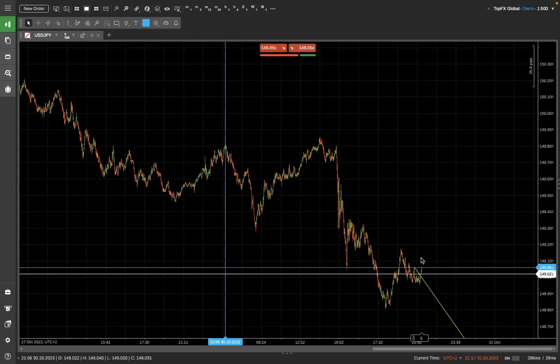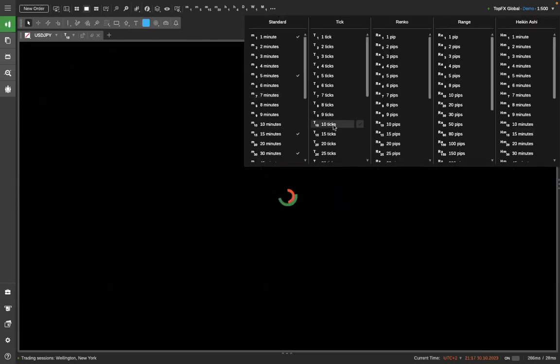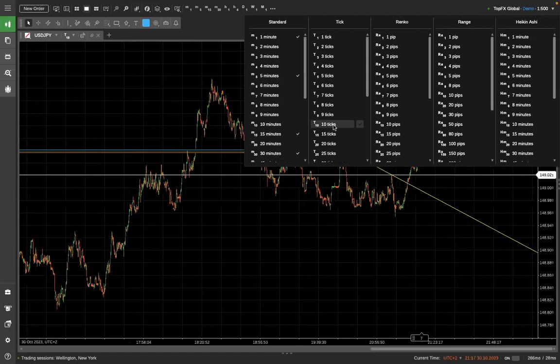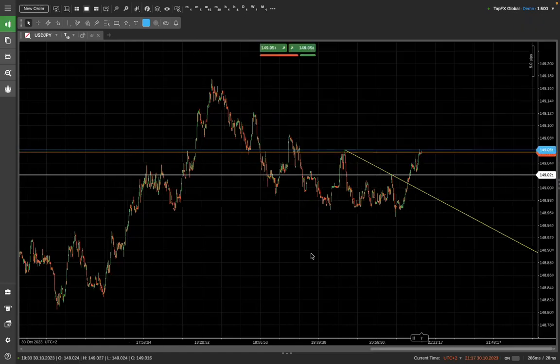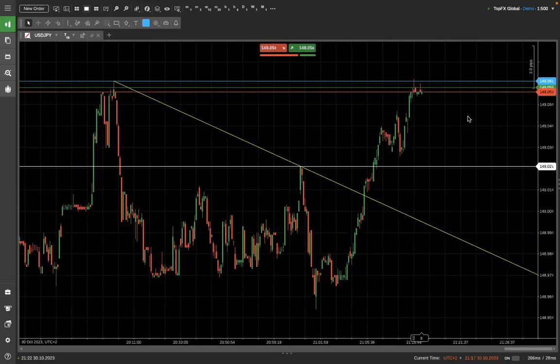And of course, risk management. Another benefit of trading using the tick charts. Let me switch to the 10 ticks again. General risk management is very, very important, especially in a fast-moving market. A market like this, set to 10 ticks, is definitely something that you want to keep an eye on.